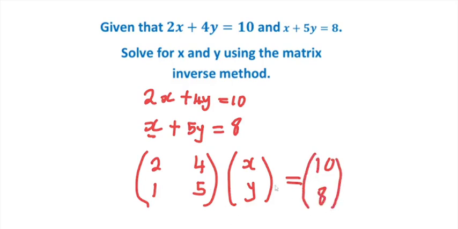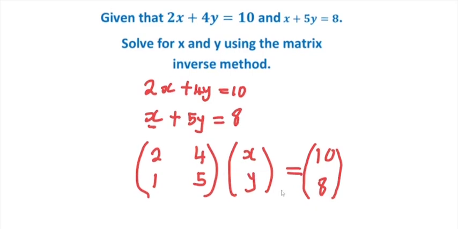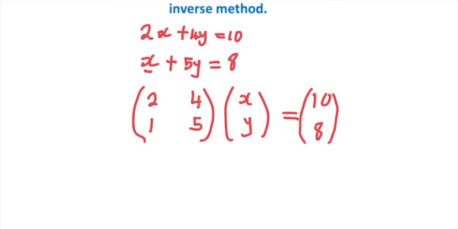After doing this, what we have written here is called the matrix equation. From this matrix equation, we are going to take the original matrix, which has 2, 4, 1, and 5, and we are going to give it a name. You can call it A, equal to 2, 4, 1, and 5.